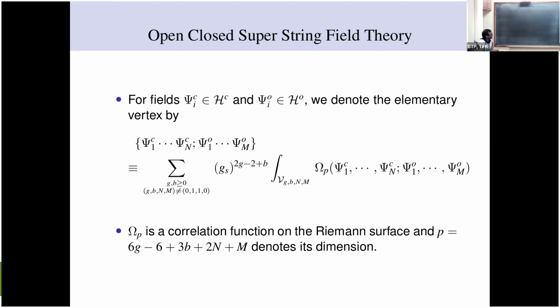And then you define elementary regions in some suitable way. And this P form should have this dimension 6g - 6 + 3b + 2n + m.